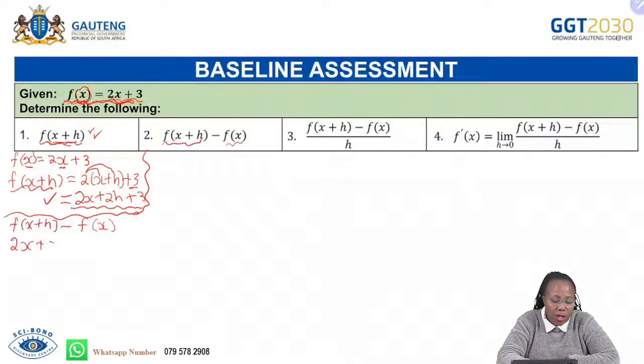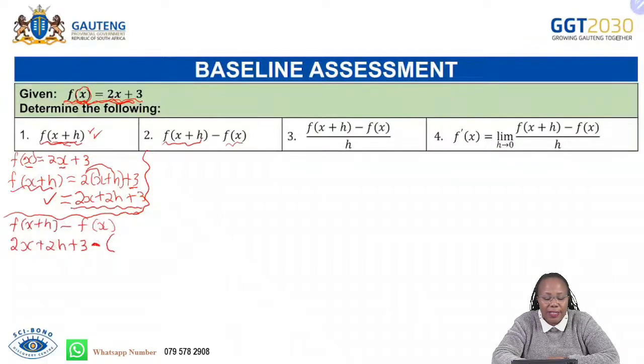2x plus 2h plus 3 minus, remember, the minute you have a negative and you have to substitute something, ensure that you put that bracket. It is very important, grade 12, to put that bracket next to your negative there. Because f at x is 2x plus 3 there, so this negative is going to affect both of them.